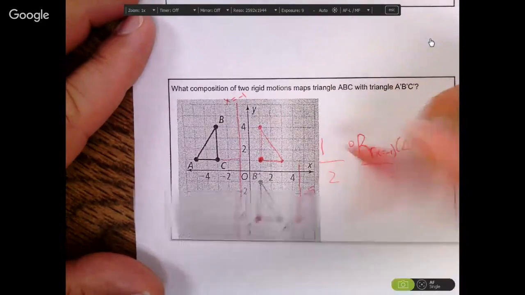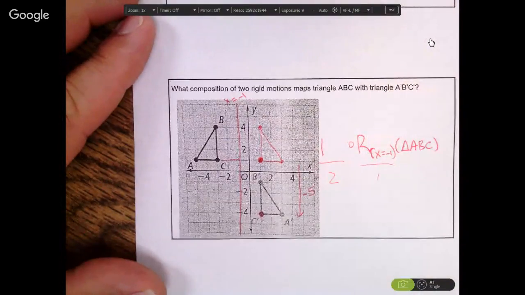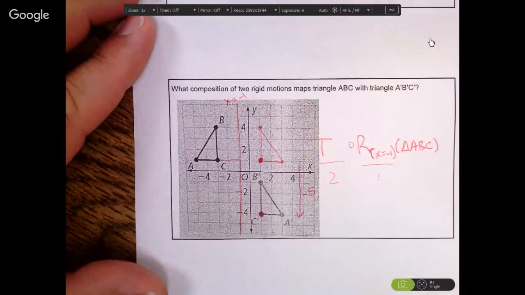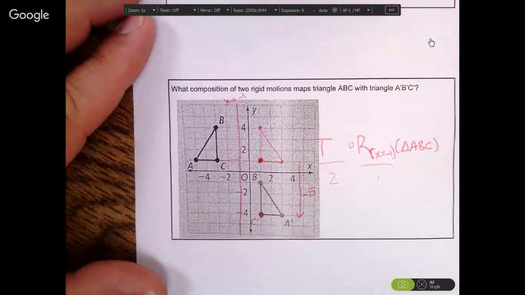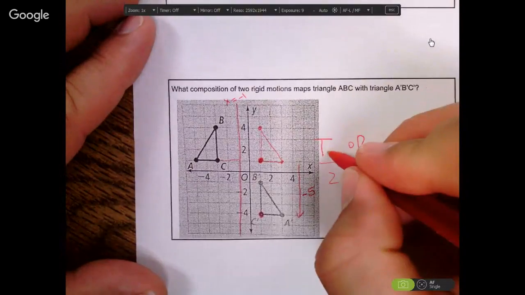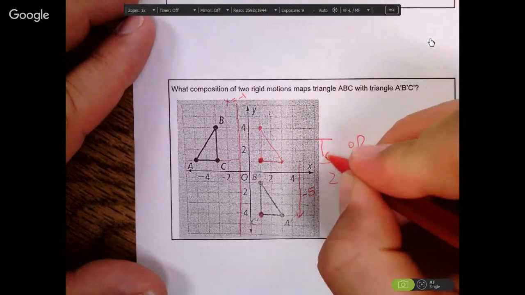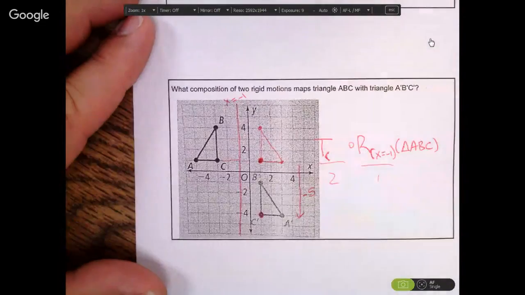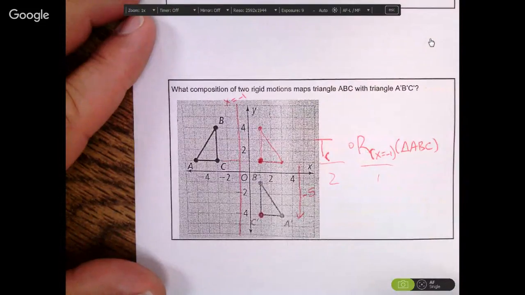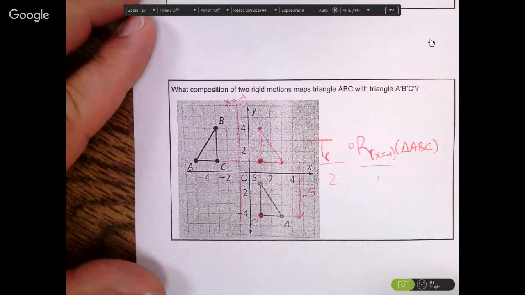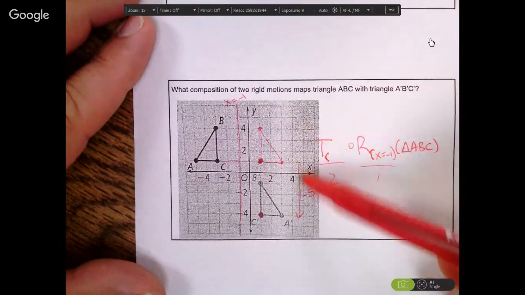Translation. How do we represent translation? Capital T. And then we use these little brackets, a weird parenthesis, almost like an inequality. So the question is, it got moved down 5.